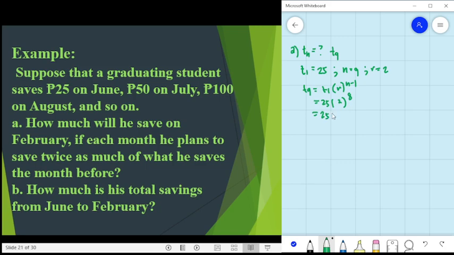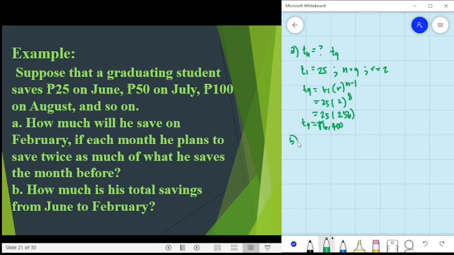So 25 times 256 is equal to 6,400. So after 9 months, inig ka 9 months, ang iyang i-deposit nga February is 6,400 na nakadako.